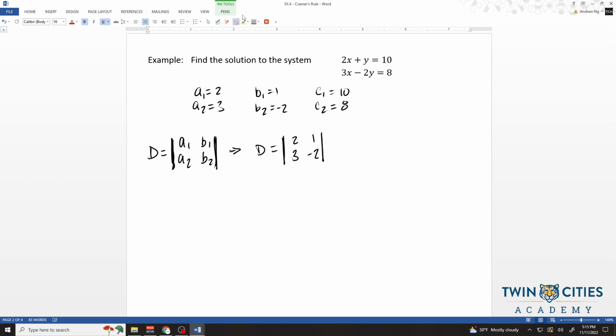Well, how do I find the determinant of a 2 by 2? I simply multiply this way, and then I subtract multiplying this way. So that's going to be 2 times negative 2 minus 1 times 3.